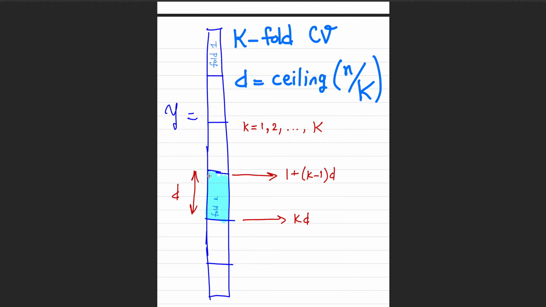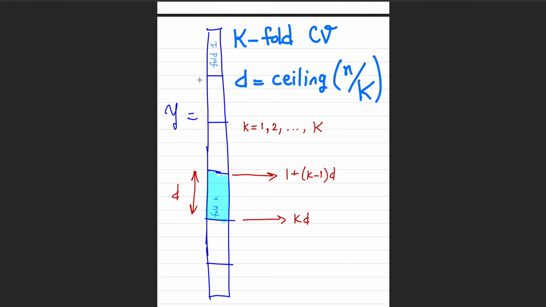The indexes of the kth fold: if k is 1, then k minus 1 is 0, 0 times d is 0, so it starts from 1, and we go from 1 to d. D is the size of each fold, the number of observations within each fold.